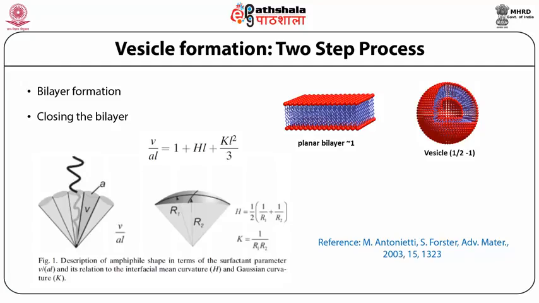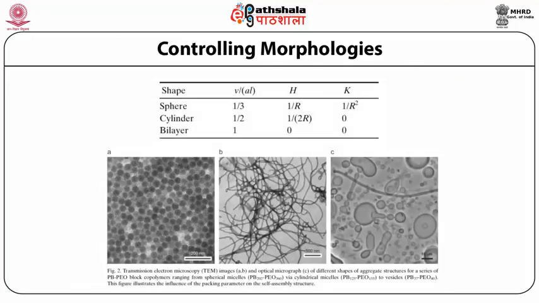In one of the unique cases, a polybutadiene and polyethylene oxide block copolymer has been synthesized, and the ratio of the hydrophobic and hydrophilic block molecular weights has been changed. Depending on the ratio of hydrophobicity and hydrophilicity in terms of the block copolymer length, you can form different morphologies like sphere, cylinder or bilayer, and that is what you can actually see from the TEM image.